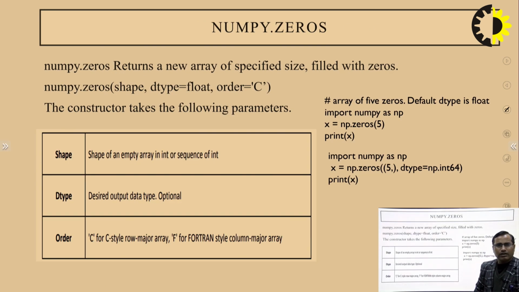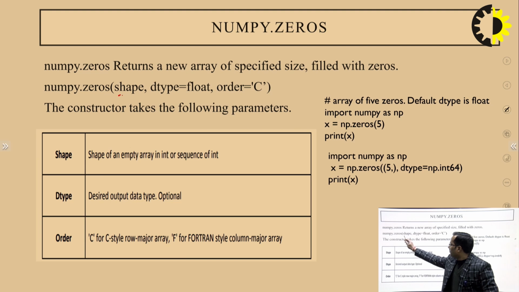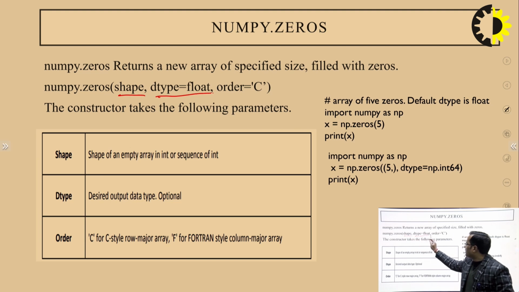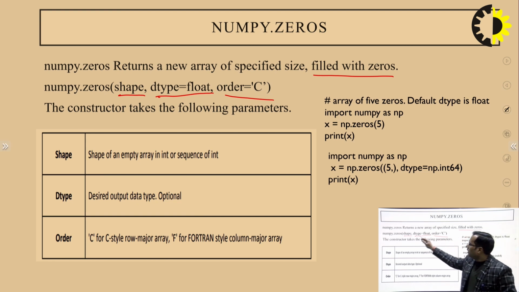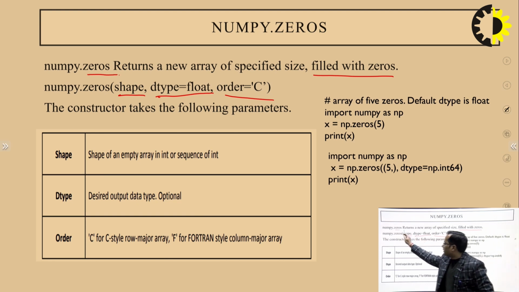Another function to create the ND array object is NumPy zeros. The parameters are the same: shape, dtype and order parameters. The zeros function is used to return a new array of a specified size filled with zeros. That means if we want to create an ND array object that is all filled with zeros, we can use the NumPy zeros function.